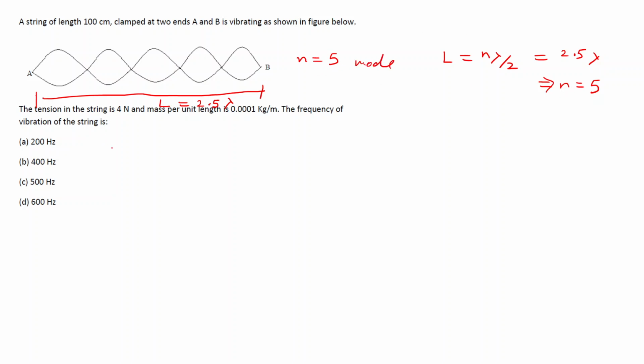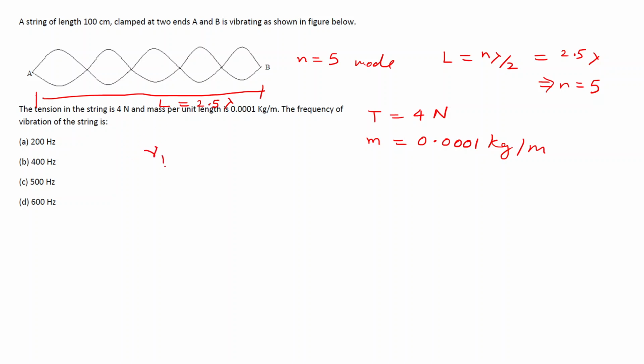Now using this, what we need to calculate is the tension in the string. We have been given mass per unit length value, 0.0001 kg per meter, and the frequency of vibration of the string.